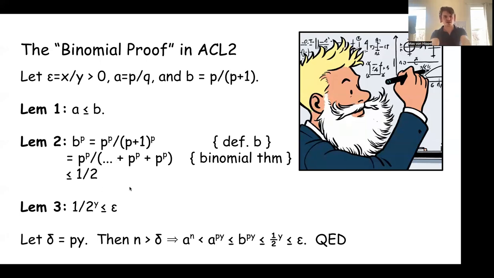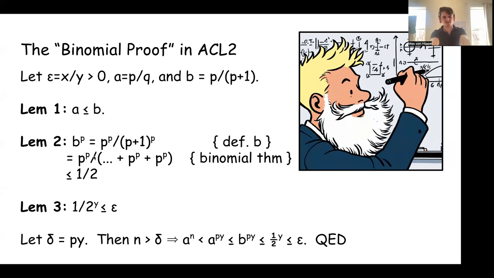And then the real trickery is that we take this number b and raise it to the power of p, and the top becomes p to the p and the bottom becomes p plus 1 to the p. And by the binomial theorem, the bottom expands to a bunch of stuff plus two terms that are p to the p. So one of them is at the beginning, and the other one is p times p to the p minus 1, which is p to the p.